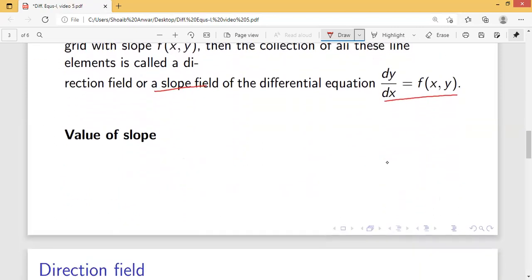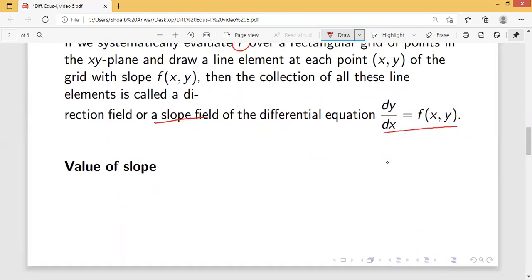And the slope of a line, if you think about the different values of slope. So small lines can be drawn if we have a plane like that.